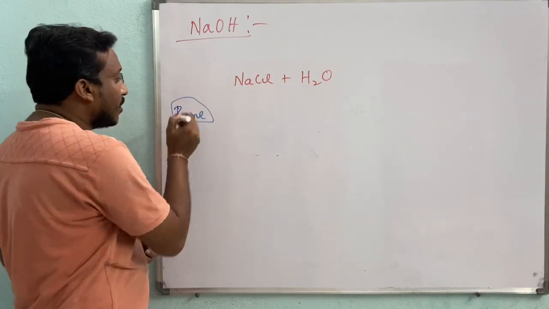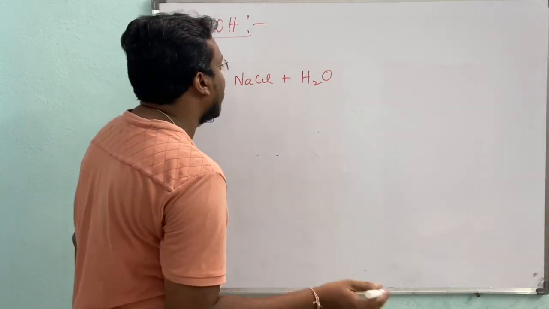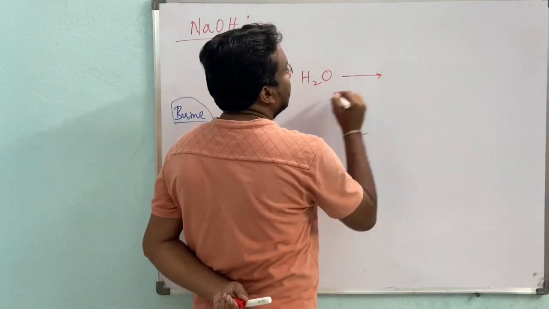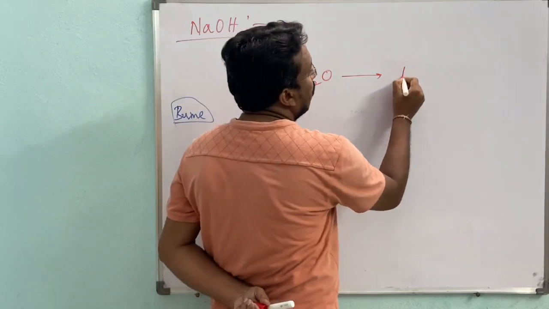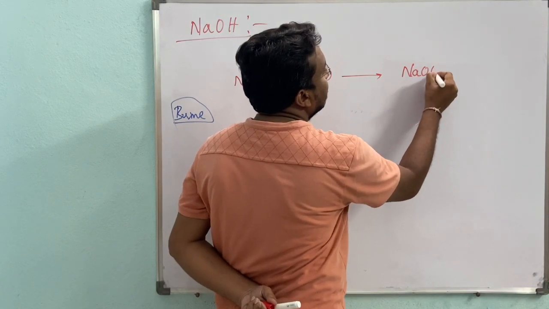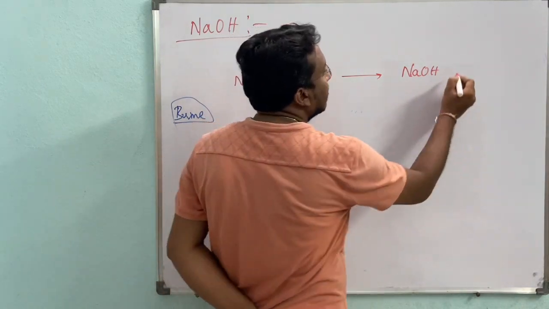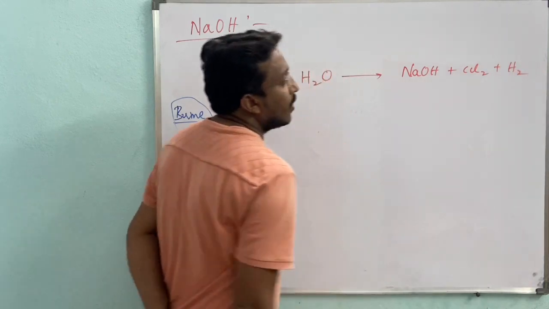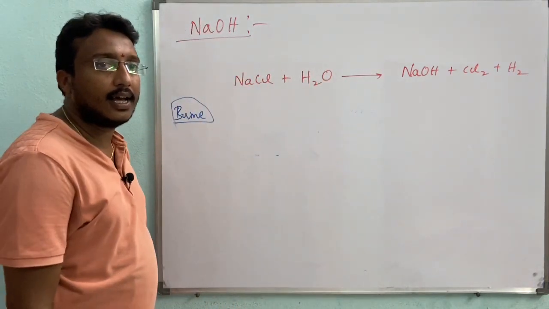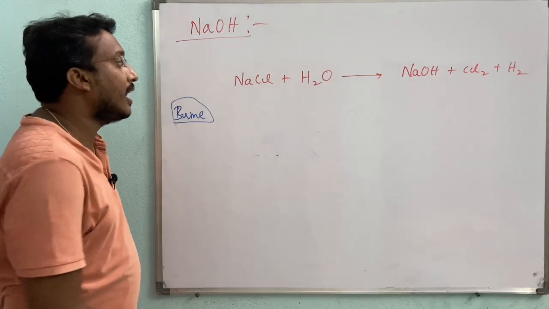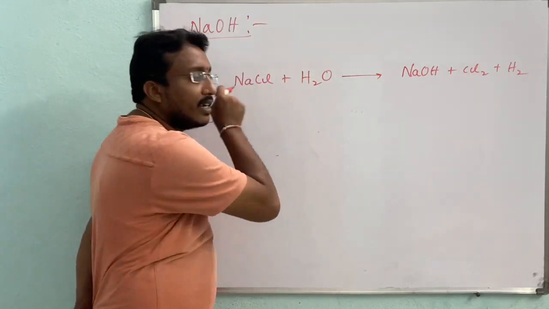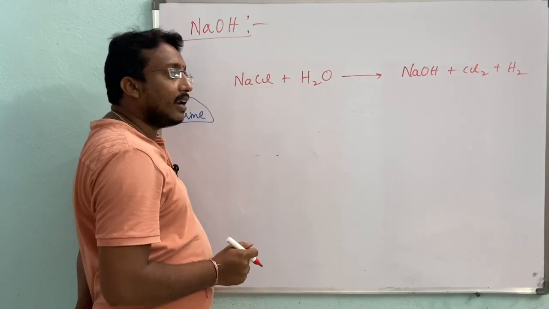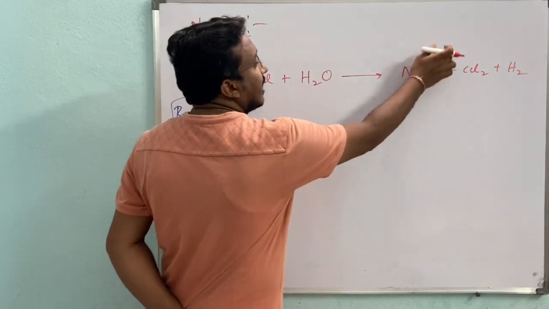When electricity is passed through the brine solution, it gives sodium hydroxide, chlorine and hydrogen. By this process we collect the NaOH.